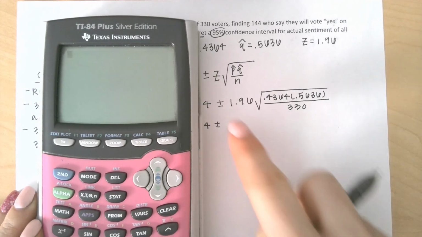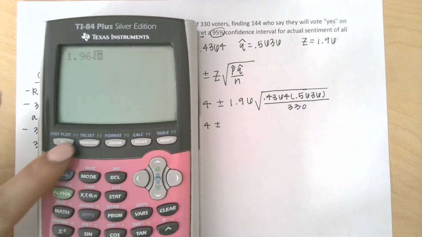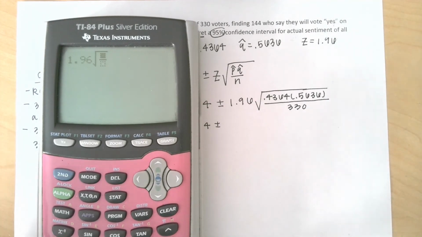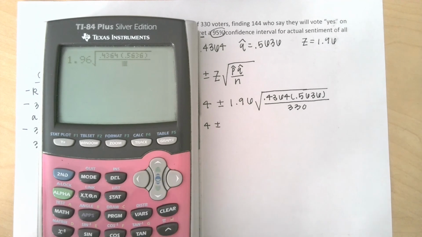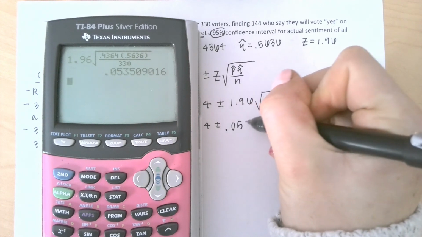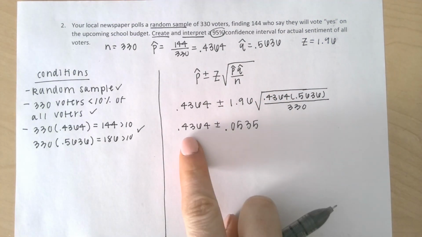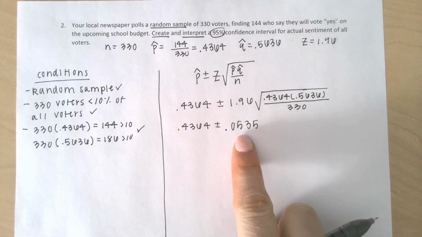So I like to type just that right-hand side in. Okay, and we get 0.0535. So that's nice. That's showing me that my estimate here is about 5% off.